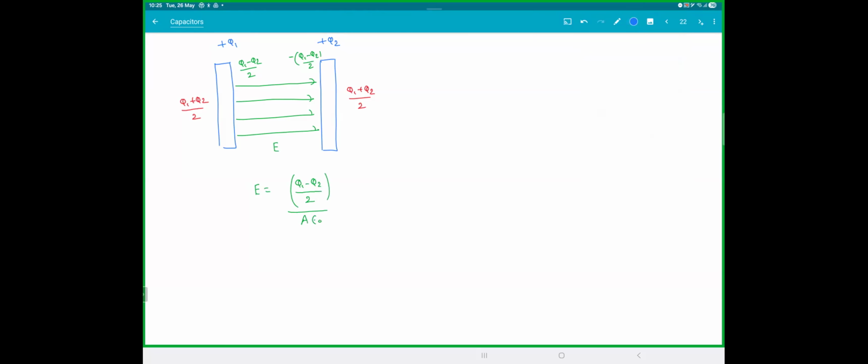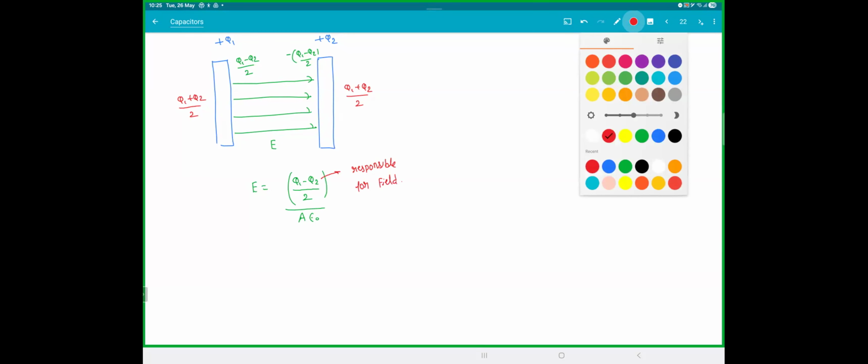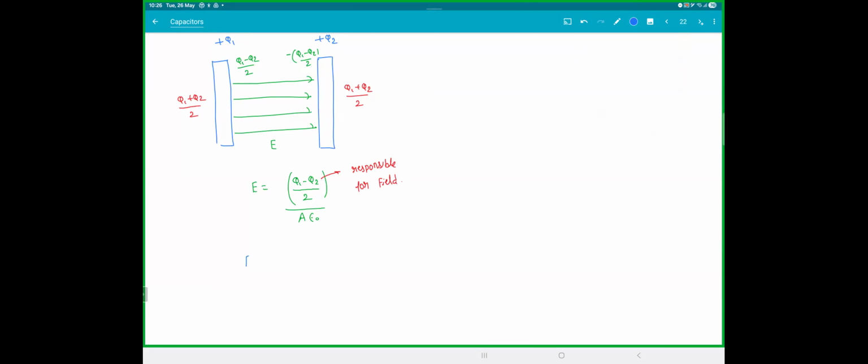So this charge was responsible for the field. It's not the total charge. And if you remember the derivation, the field into distance is the potential difference. Then we got (Q1 minus Q2) by 2A epsilon into d is equal to V. Then we got (Q1 minus Q2) by 2 is equal to CV, because A epsilon by d is C.